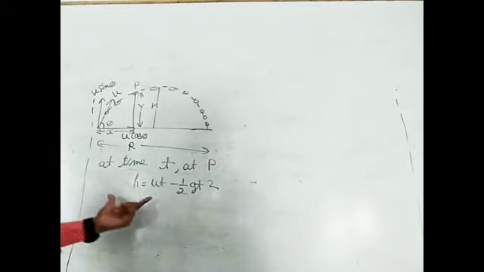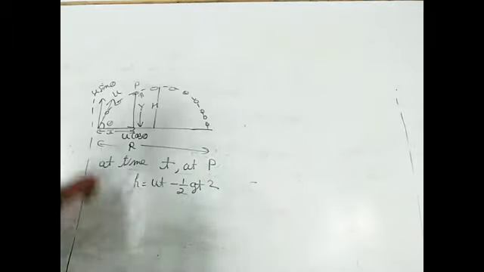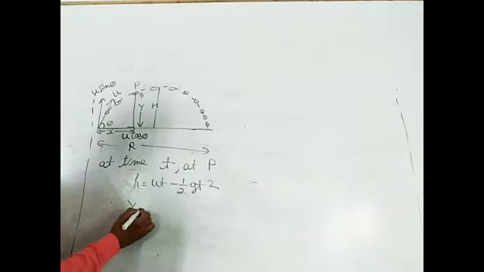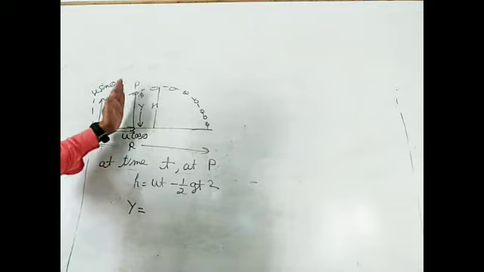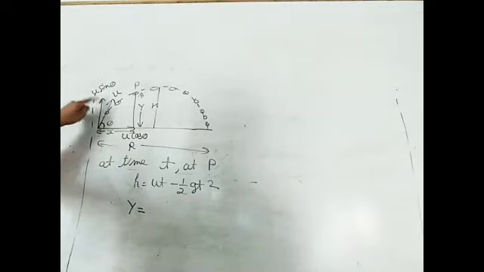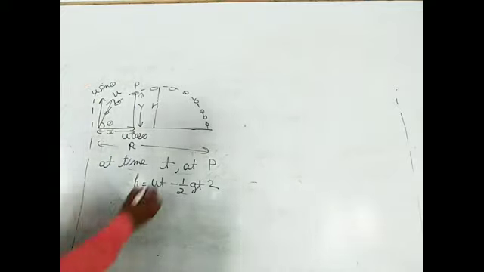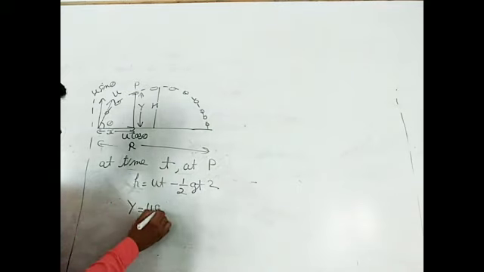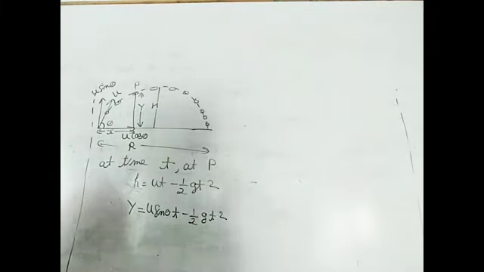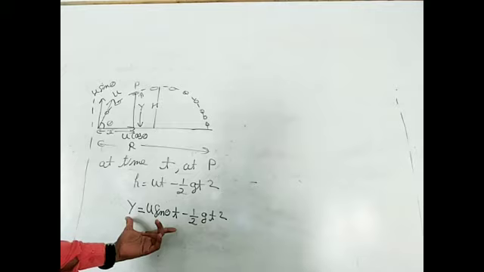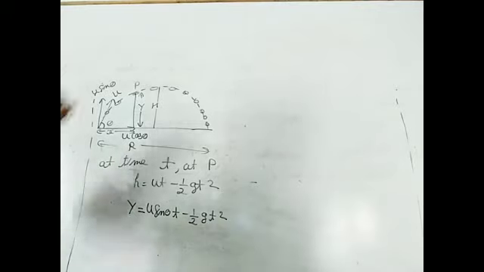Then h is equal to ut minus half gt square. H is the y. For the vertical direction, which velocity is responsible? U sin theta, because it is in the vertical direction. Then in place of u, you use u sin theta t minus half gt square. This is the calculation for y.